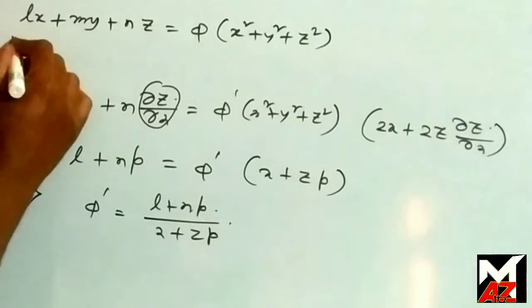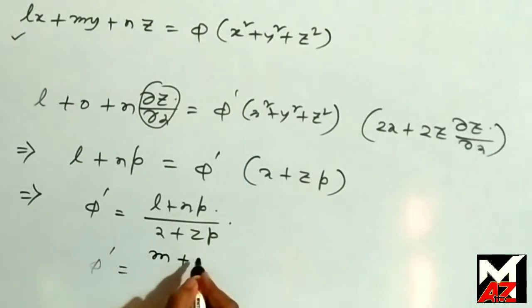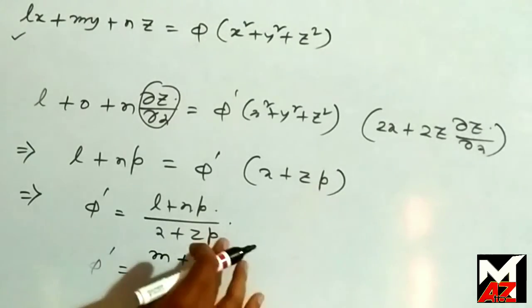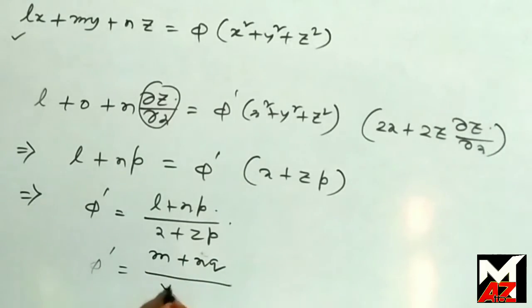Similarly, if we differentiate this with respect to y, then we get the relation phi dash equal to m plus nq by y plus zq.